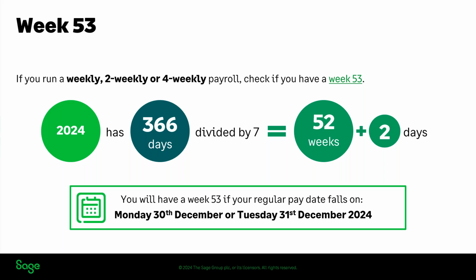Please note that you do not need to do anything in Sage Payroll, simply process the pay period as normal, which will be calculated in line with the revenue requirements. And I would like to point out as well that the extra 2 days shown on this slide doesn't mean that you'll only pay an extra 2 days, but it means that you'll have an extra pay period in the tax year, which has been caused by this year being a leap year.